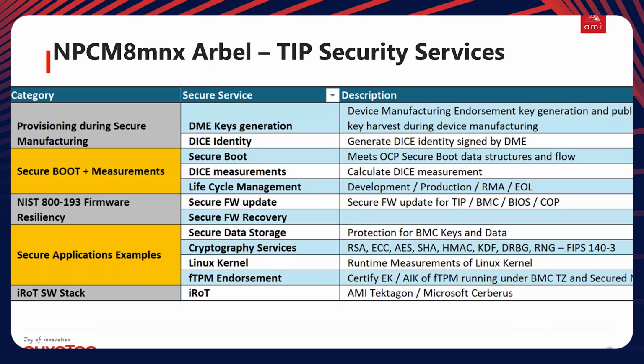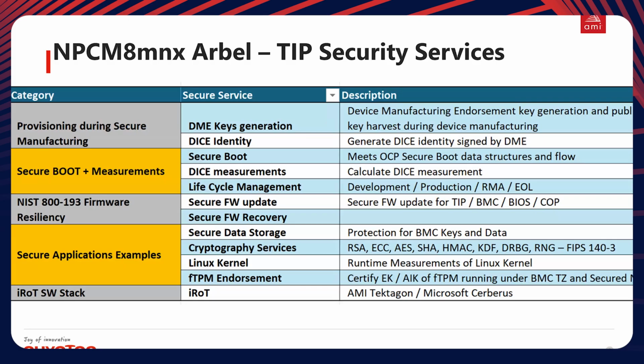The first service that the root of trust has to provide is actually through the stage of manufacturing, the provisioning. During manufacturing, each one of our samples gets its own unique identity. From that identity, we generate the DMI, device manufacturing identity.